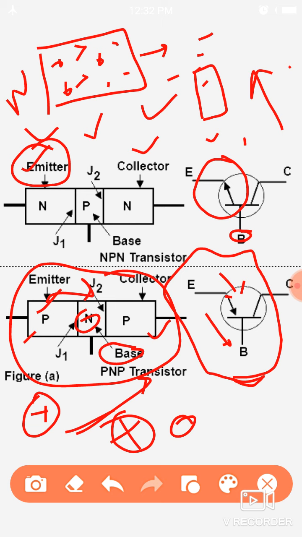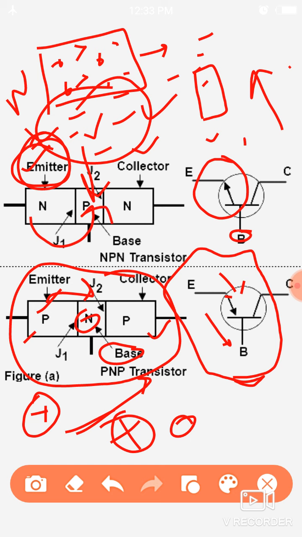On the other hand, in an NPN transistor, N is made of highly doped fifth column impurity. Because of this, the large carriers are electrons. So when these electrons are emitted to the base, the electrons go from E to B, which means negative charge increases and positive charge decreases.